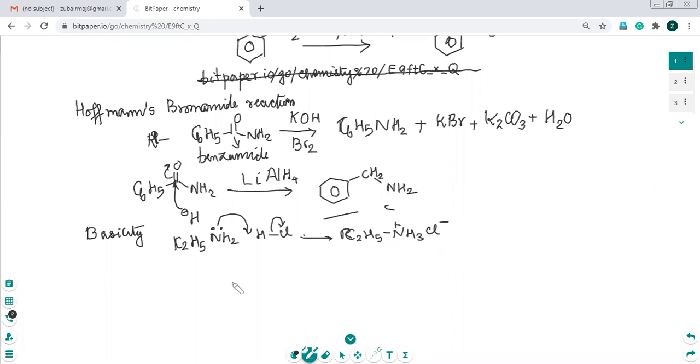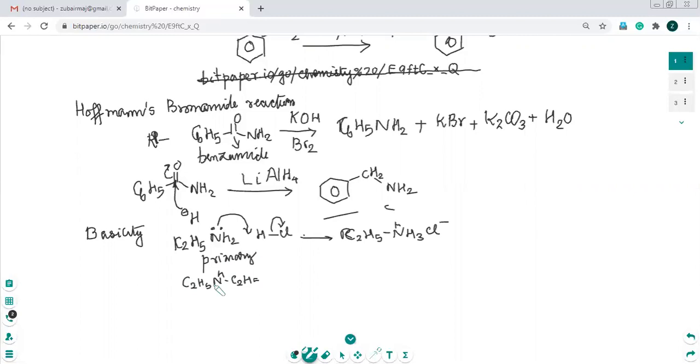Okay, so this is an ammonium chloride salt, an acid base reaction. So this is a primary amine. Now let us compare this with the secondary amine, C2H5 N H C2H5.